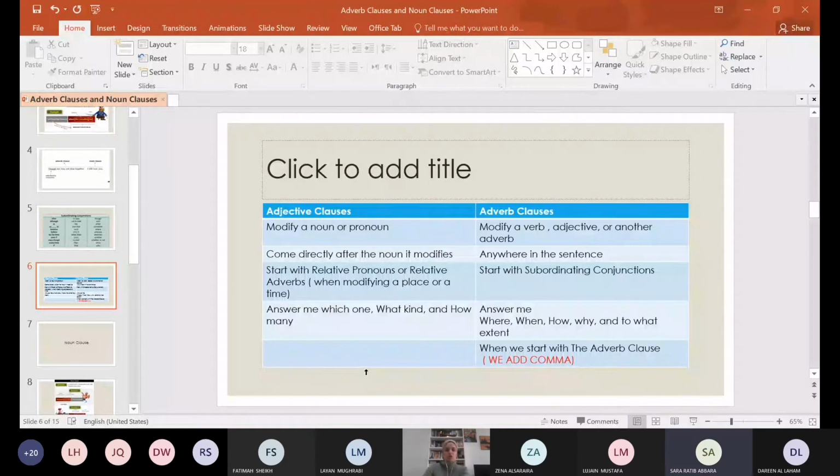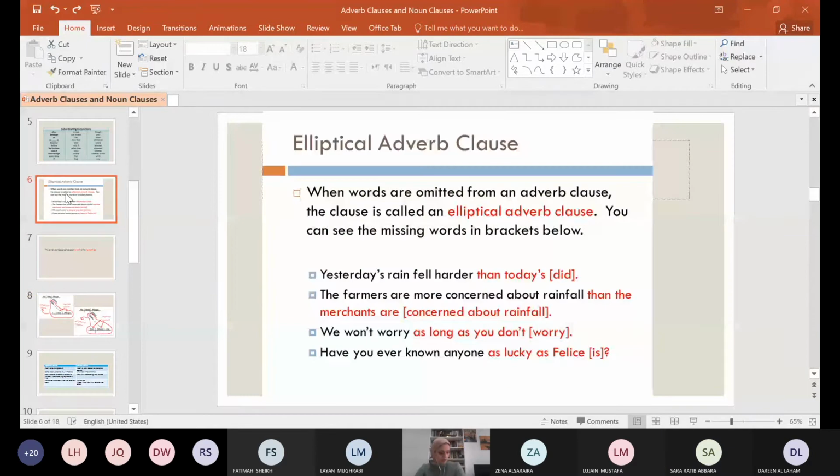Wait a minute. So I shouldn't erase the two slides. I thought grade 11 only have it. I thought that you do not have it, but it's written for you here.